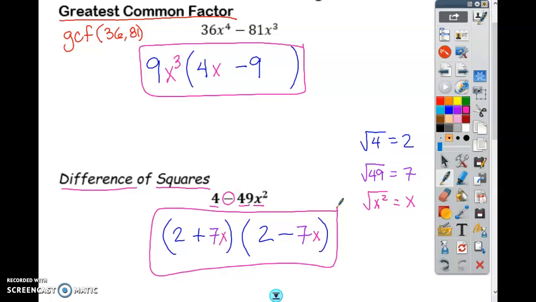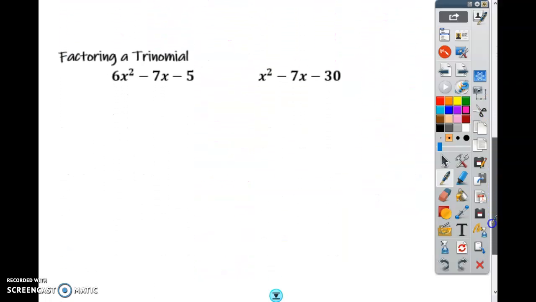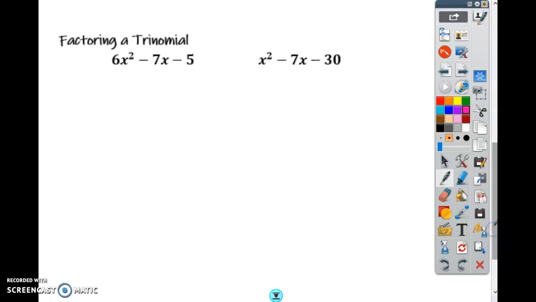Okay, easy. And then the bottom two, these are the ones that we do where I need factors of the last number that give you a sum or a difference. But this one is easier than this one because this one has a 6 in the front and this one doesn't, right? So I'm going to start with this one first. I need factors of 30 that give me a sum or difference of 7.